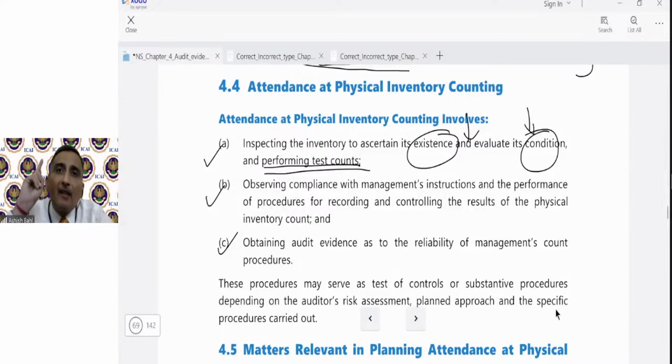Two things, students, never forget these two things. कि SA 501 में ऑडिटर का पर्पस है टू गेन ऑडिट एविडेंस अबाउट एग्जिस्टेंस एंड कंडीशन ऑफ इन्वेंटरीज. Never forget, very very important. Existence and condition, remember these two words. So these are two key words. Like students, you are time and again asking which are the keywords.